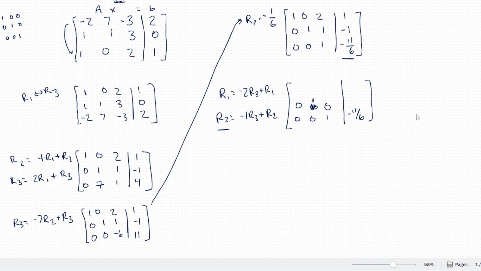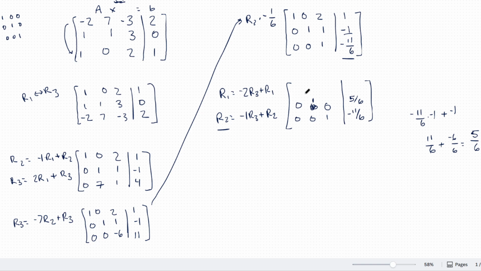So then here our R3 value is negative 11/6 times negative 1 plus R2 is negative 1. So 11/6 plus negative 1 is going to be negative 6 over 6. So we'll have 5/6. Sorry, I did a little backwards here, starting with R2. But then we'll move on to R1.